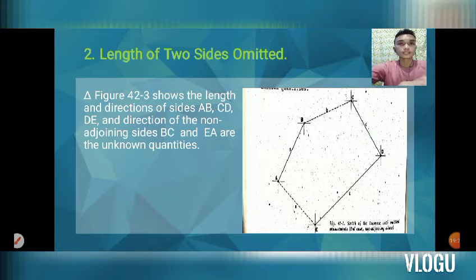So, in case number 2, the lengths of two sides are omitted. So here, two sides are omitted or unknown. Figure 42-3 shows that the lengths and directions of sides AB, CD, and DE, and the directions of non-adjoining sides BC and AE are the unknown quantities.